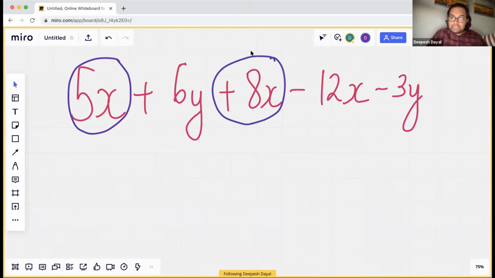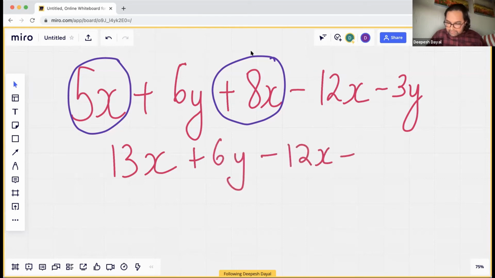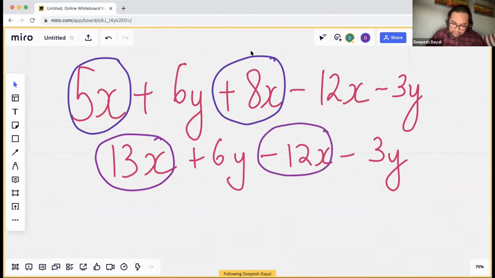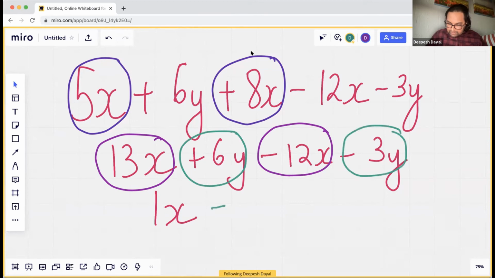I'm just going to write it as an extra step, but if you can do it all in one step, it's fine. So 13x, and then we've got here plus 6y minus 12x minus 3y. Then 13x minus 12x is 1x. And then we have here 6y minus 3y is plus 3y.